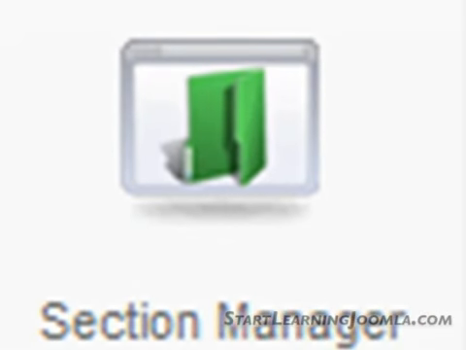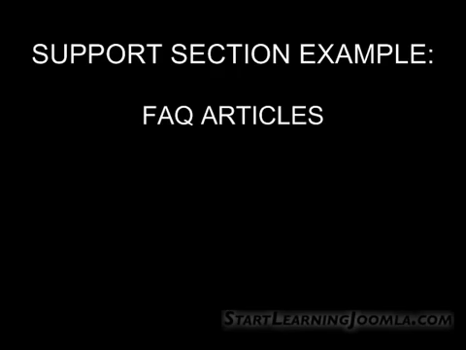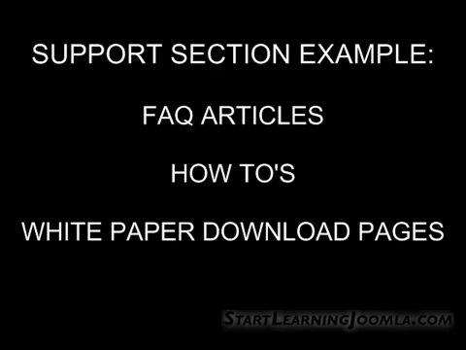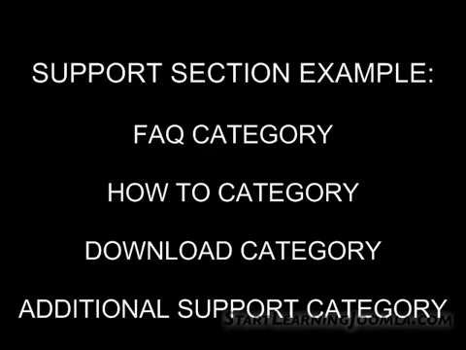Categories allow us to break up sections into more detail. For example, your support section may have FAQ articles, how-tos, white paper download pages, etc. To organize these, we would simply create categories for each one under the support section. Joomla doesn't currently support breaking down content into further subcategories.